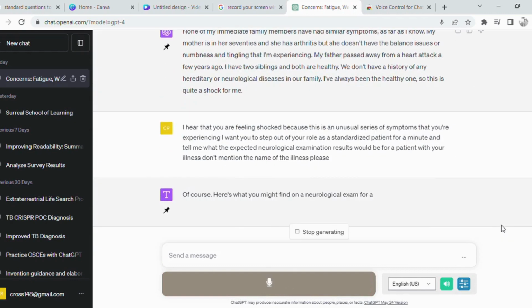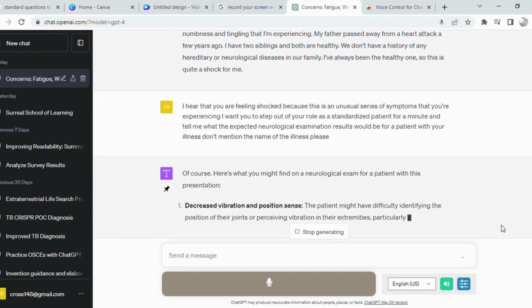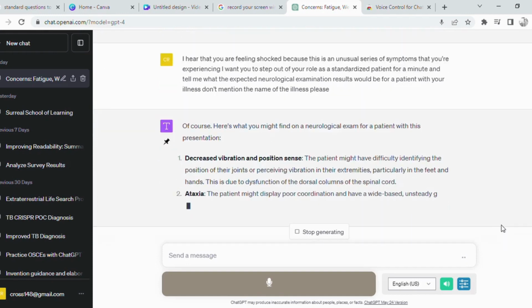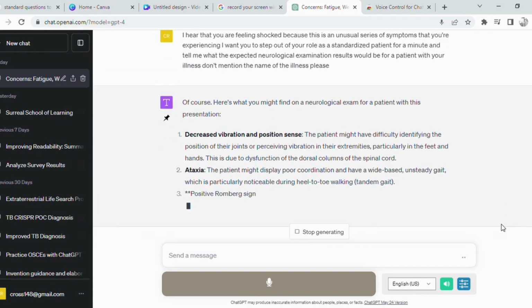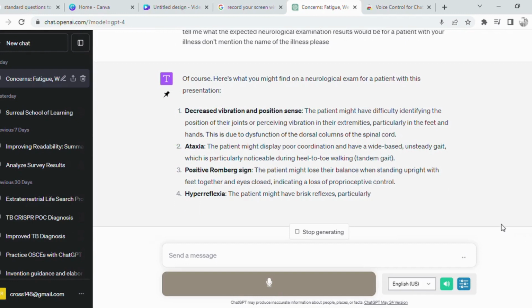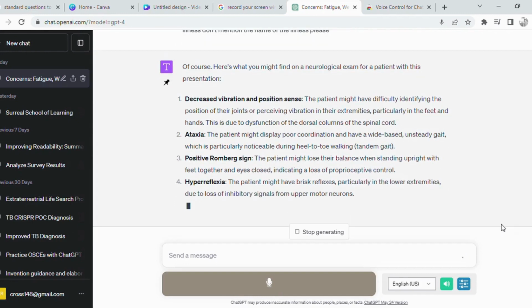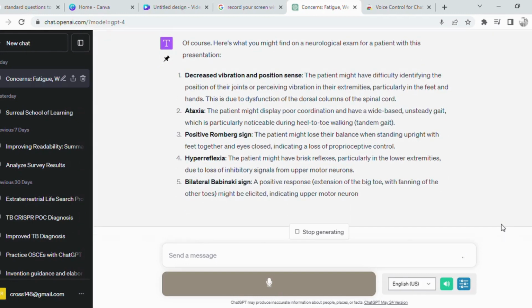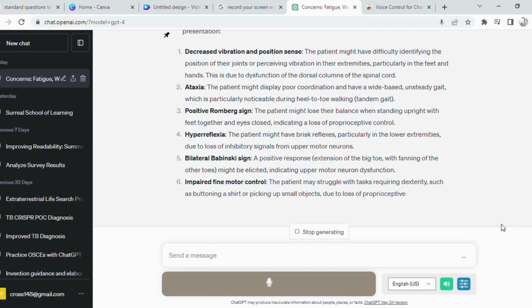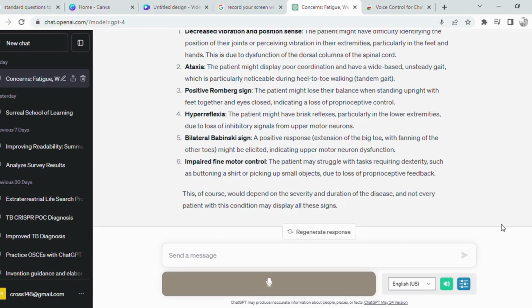Of course. Here's what you might find on a neurological exam for a patient with this presentation. Decreased vibration and position sense. The patient might have difficulty identifying the position of their joints or perceiving vibration in their extremities, particularly in the feet and hands. This is due to dysfunction of the dorsal columns of the spinal cord. Ataxia.